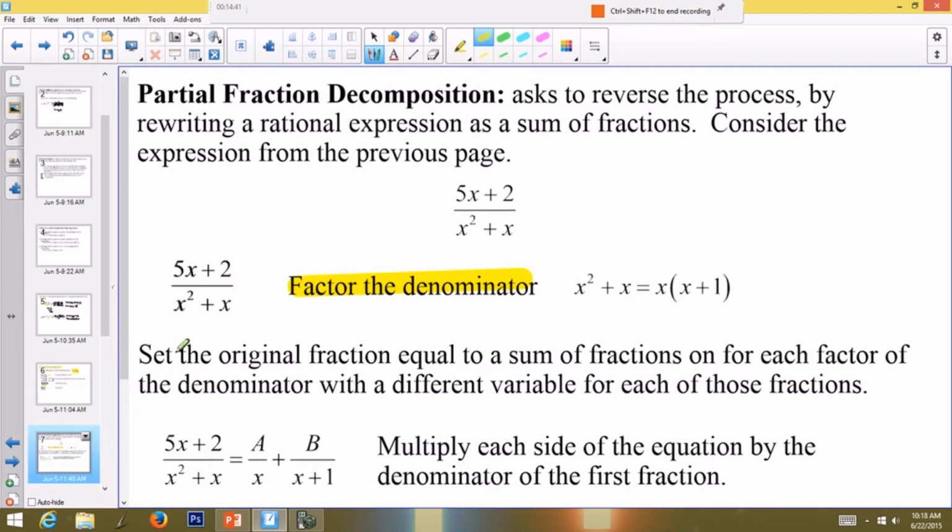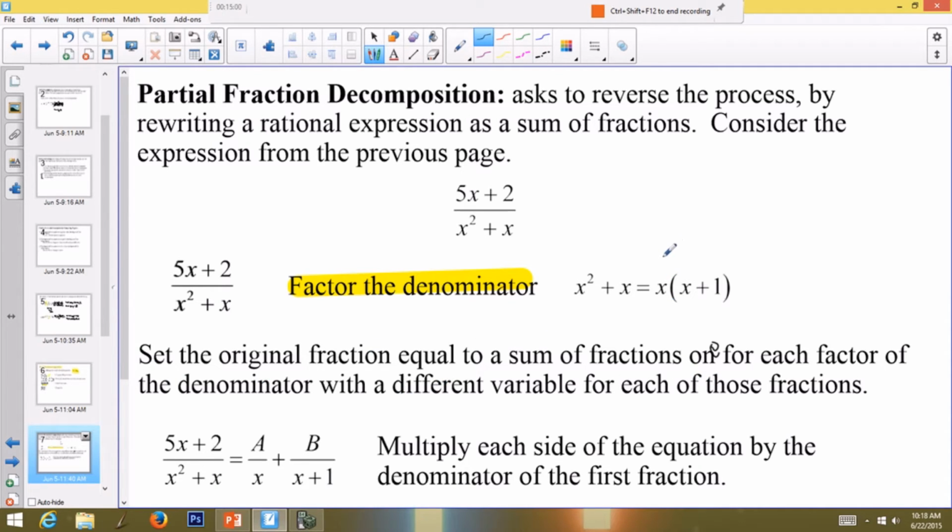All right, so we're going to set the original fraction equal to a sum of fractions. Oh, and this should be 1, not on, sorry. I didn't catch that typo. One fraction for each factor in the denominator, with a different variable for each of those fractions.